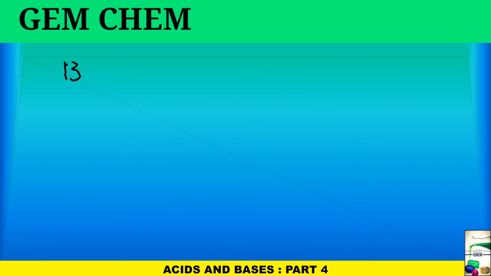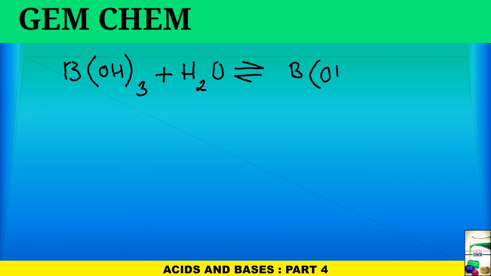Here is our boric acid, B(OH)3, plus water, and it reacts to form B(OH)4, and here we require removal of proton from water, which is also difficult, right? So this is a very weak acid.